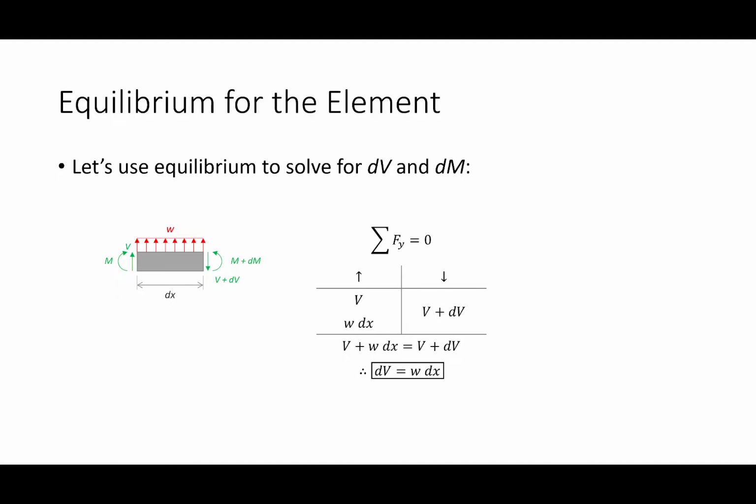I've got M and M on both sides. That's going to cancel, and I got V dx equals dM, or that the derivative of the moment is the shear.